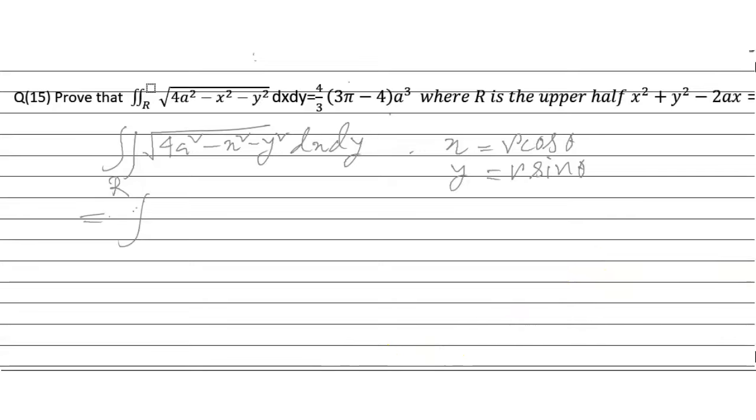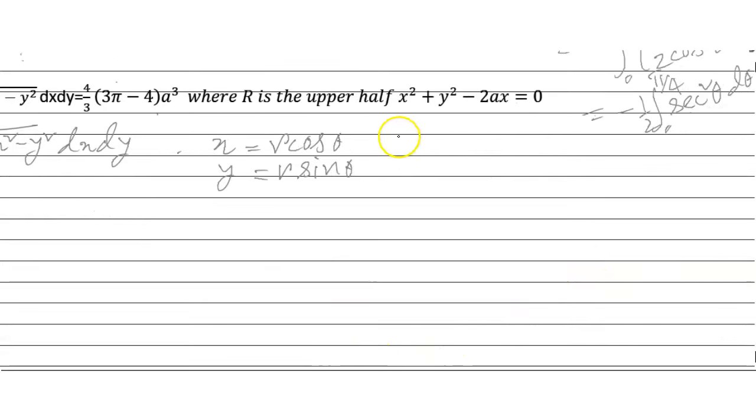Now you will see that my curve is given, x square plus y square equals plus minus 2x. So x is equal to, we change, and J equals obviously r.